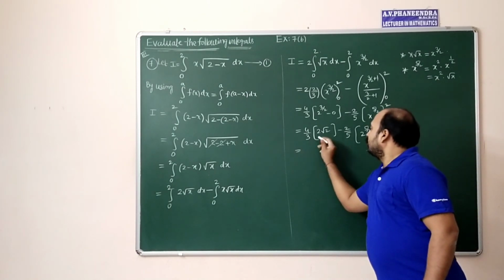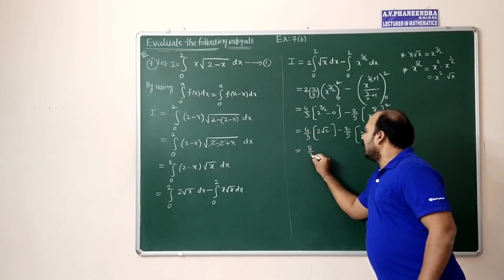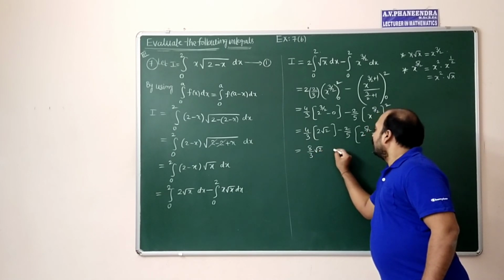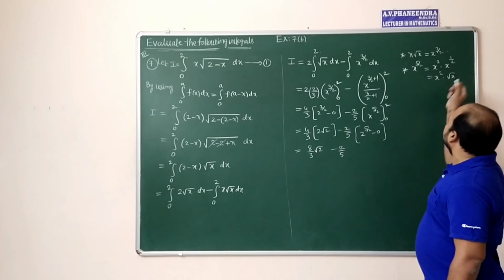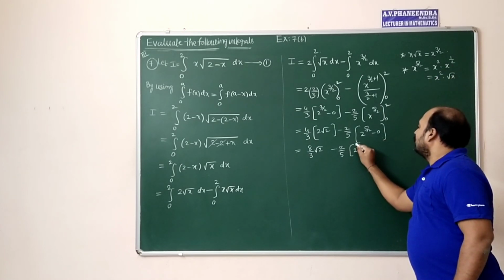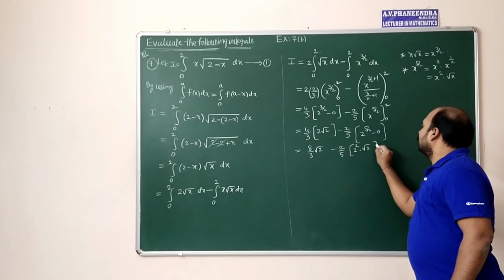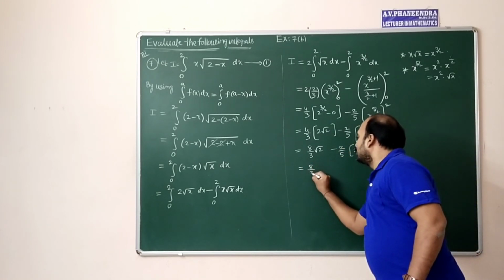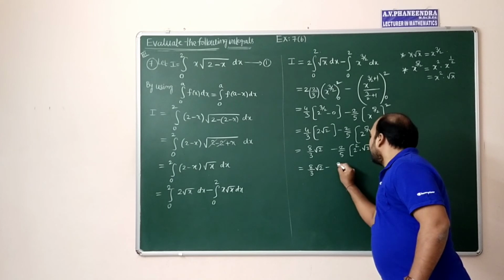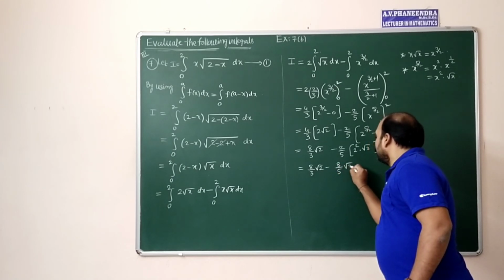Now 4 into 2 is 8, 8 by 3 into root 2 minus 2 by 5 into 2 power 5 by 2, which can be written as 2 square into root 2. So 2 square is 4, 4 into 2 is 8. So 8 by 3 root 2 minus 8 by 5 into root 2.